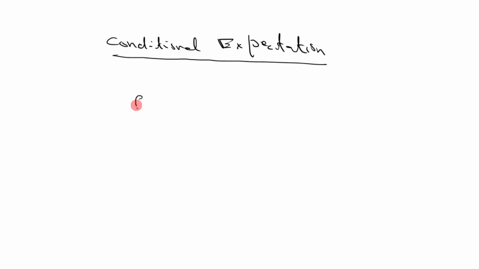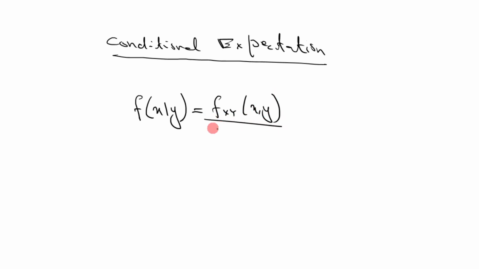In this video, we are going to discuss conditional expectations. As all of you know, the conditional density function can be determined from the joint density function using this expression.